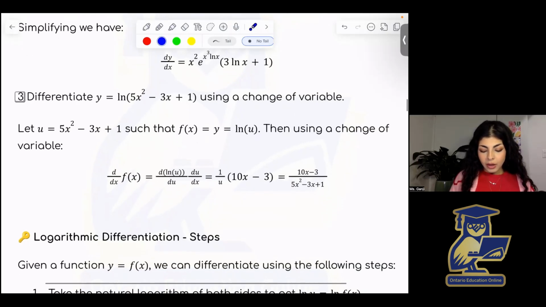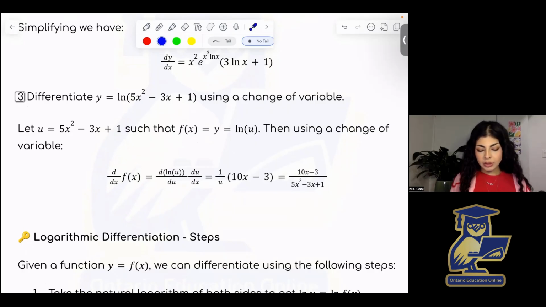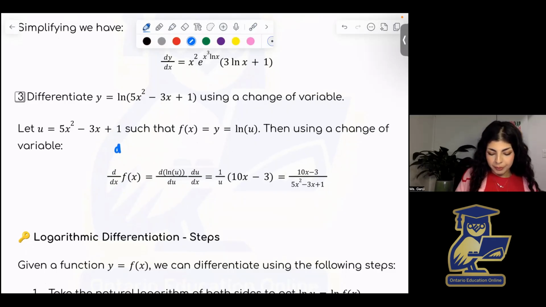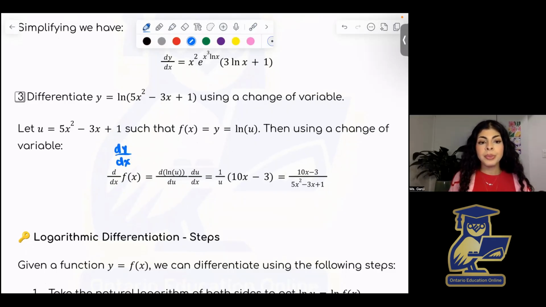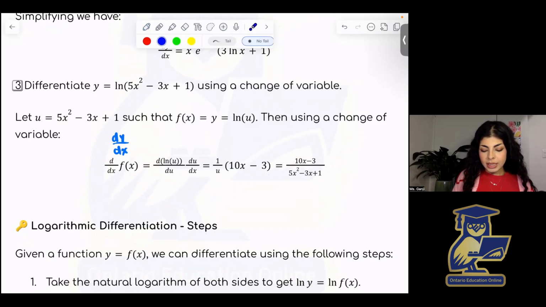And so with our chain rule and change of variable here, I have that the derivative of f of x, or this is just dy by dx, is equal to d of natural log of u by du, and then du by dx.